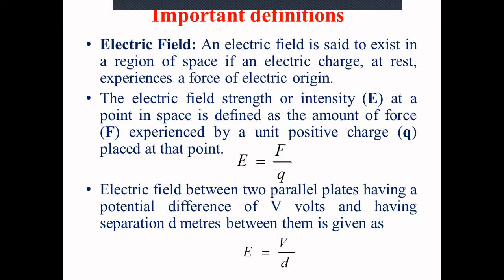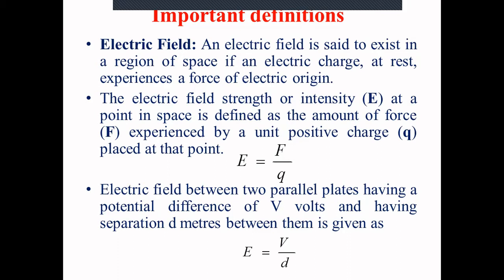These lines of force move outward from the positive charge. Therefore, around the positive charge, there exists an electric field. This means that electric field is nothing but a region of space around an electric charge.